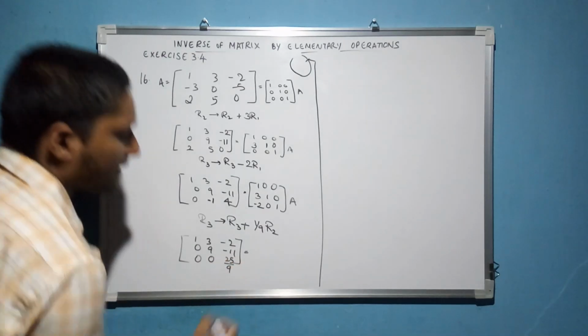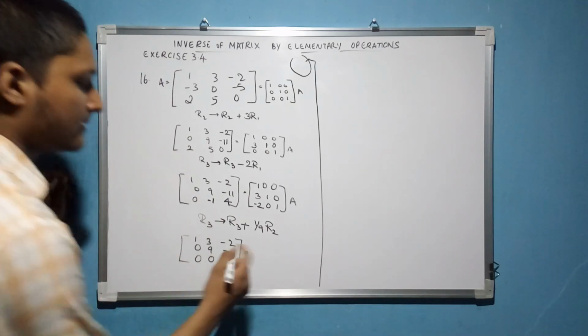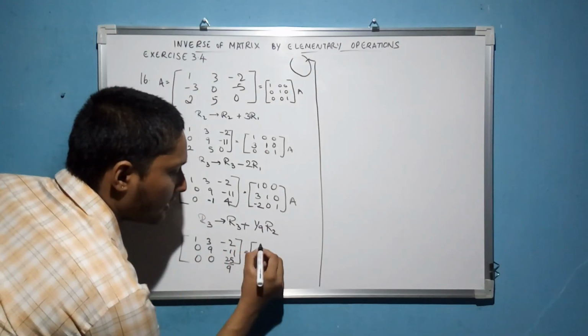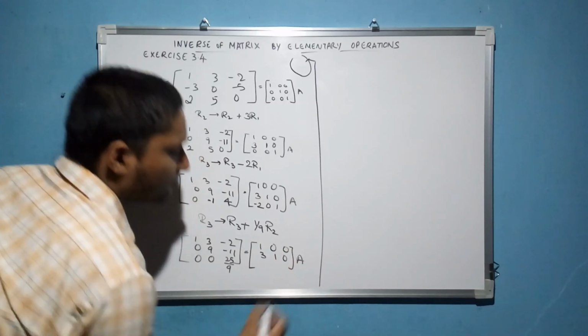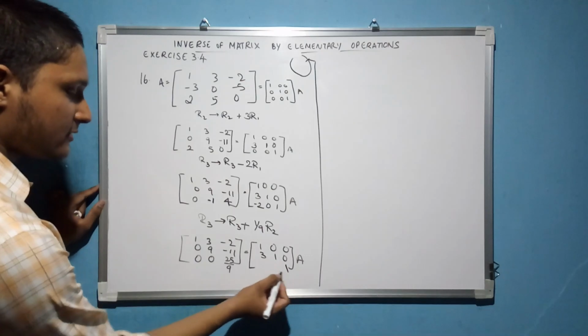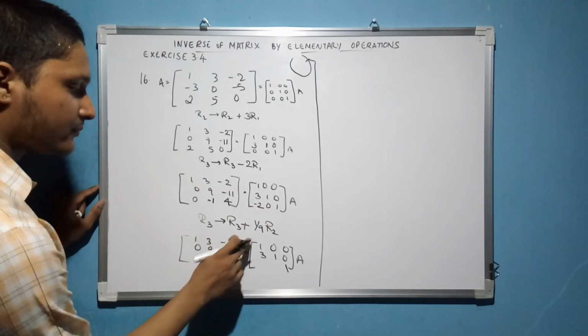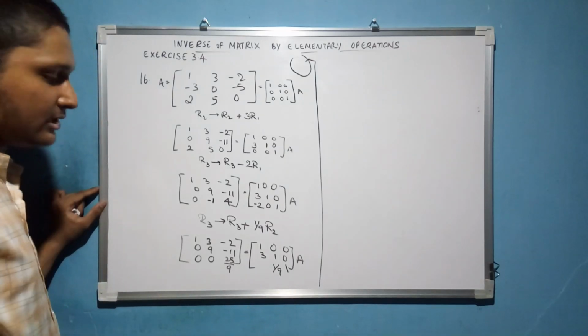25 divided by 9. So now I need to multiply. So this much is there: 1 0 0, 3 1 0, into A. Since this one is going to be 0, this is not going to change. Then 0 plus 1 by 9 times this one, so it is 1 by 9 here.